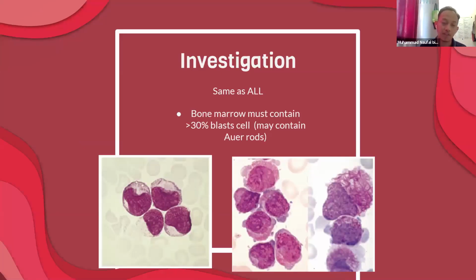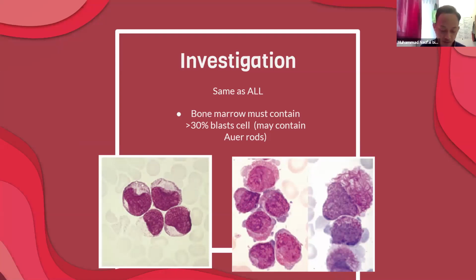Okay, next for investigation, it is the same as ALL, which I have stated before. In the bone marrow, it must contain more than 30% blast cells, and it may also contain Auer rods, which are a feature of blast cells in AML.